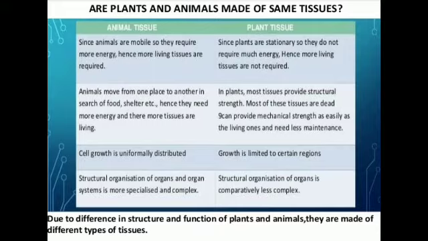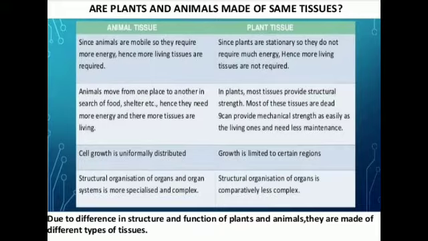Now obviously plants and animals perform different functions. There are a lot of differences between them, so there are differences in their structure, their cell component, their tissues.